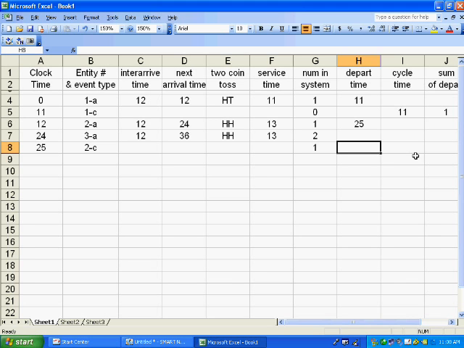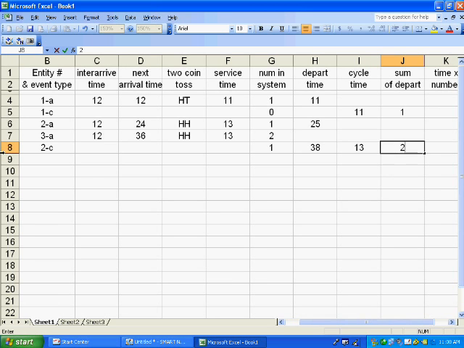So the departure time is going to be 13 plus 25, 38. The cycle time for the entity that is leaving at time 25: entity number 2 came in at time 12. So that's 13. And we now have 2.